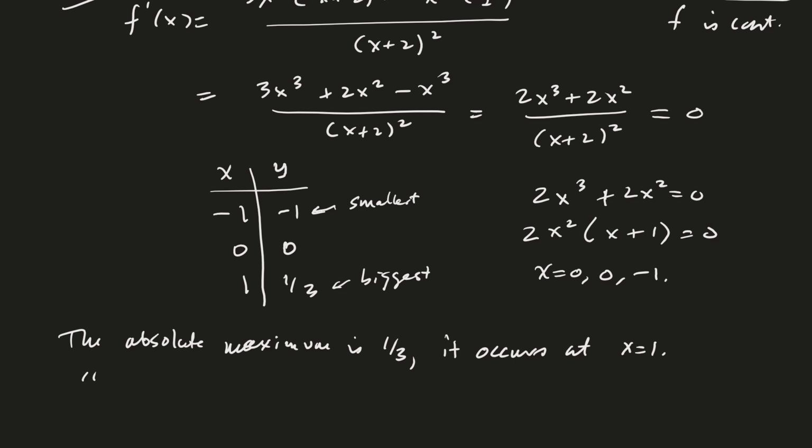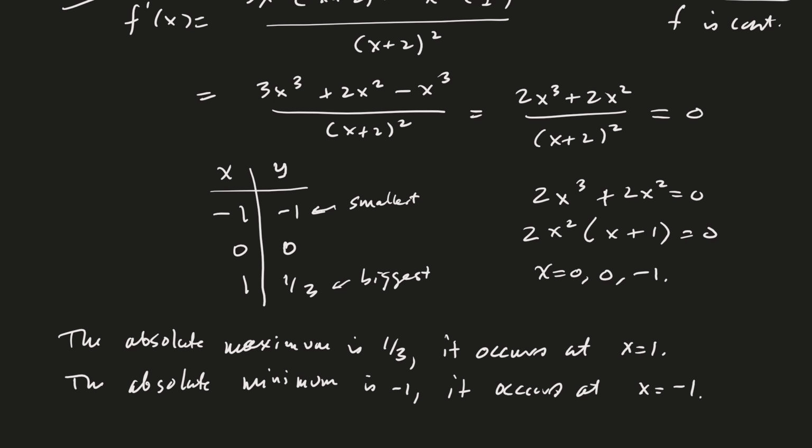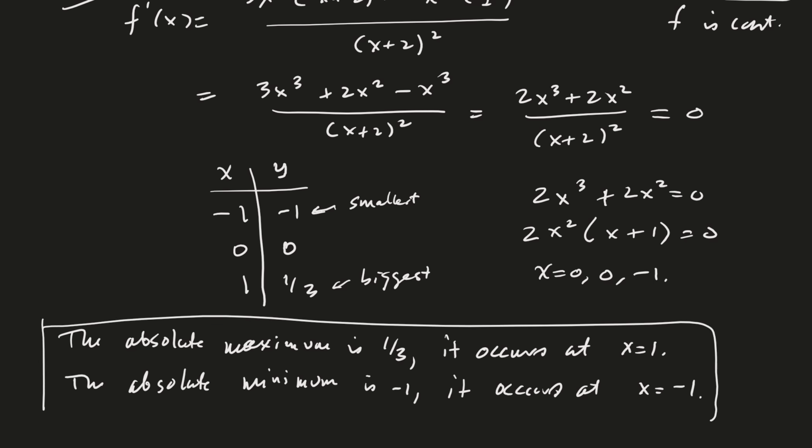Oh no, I better write it down. The absolute, I'm getting sloppy myself. Absolute minimum is -1, and it occurs at x equals -1. Good. And so that's our conclusion right here. And it's always good practice, right, to state your conclusion and use a complete sentence.